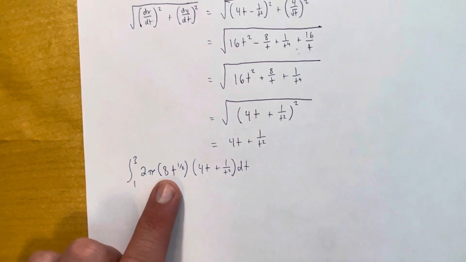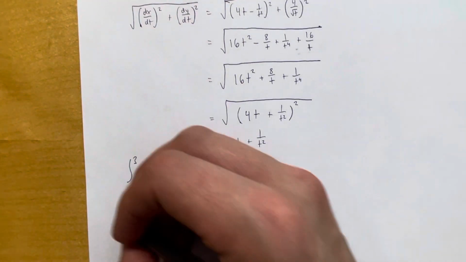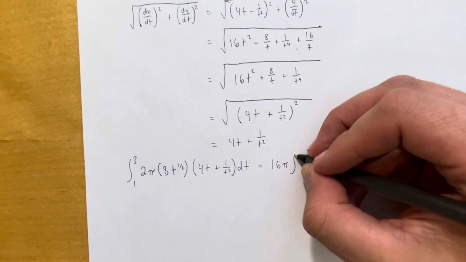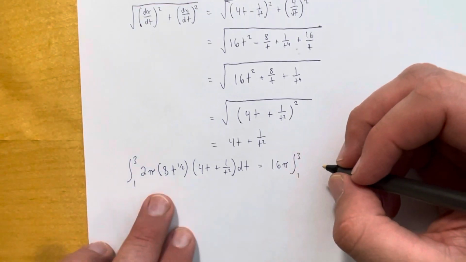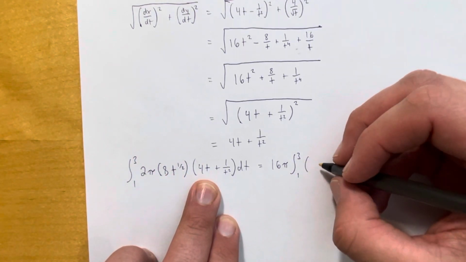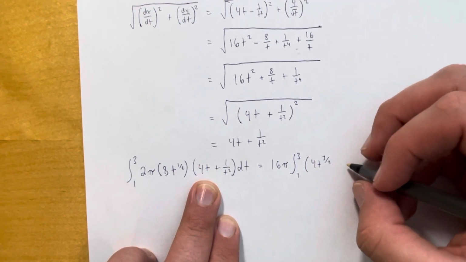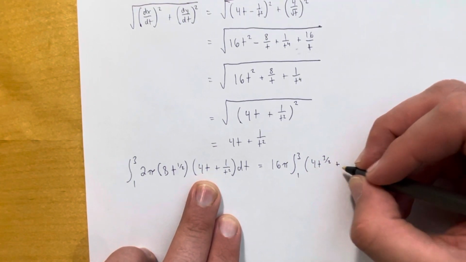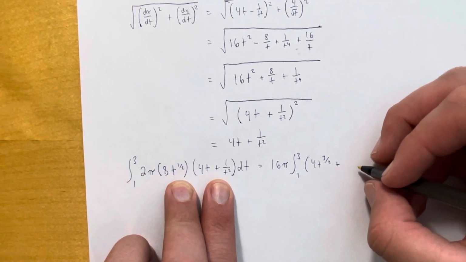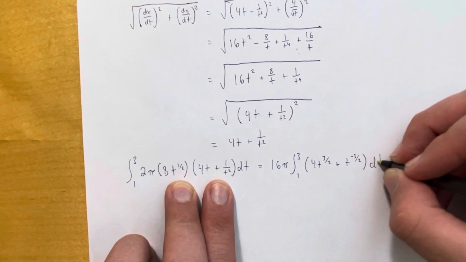Okay, if I multiply that 8 here, I'm going to get 16 pi, and since it's a constant, it can come all the way out of my integrand, so let's do that. 16 pi, integral from 1 to 3. That leaves me with a t to the 1/2 power here, which I'm going to multiply in. So that would give me 4t to the 3/2 power there, plus t to the 1/2 times t to the -2 power would be like t to the -3/2 power dt.